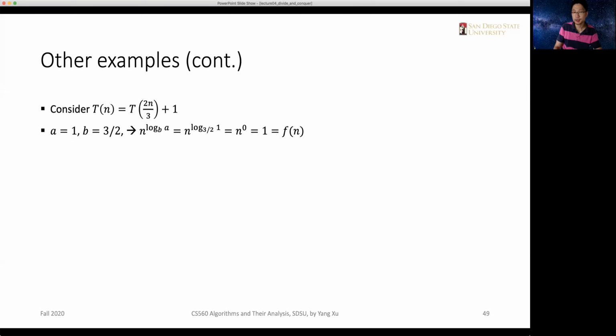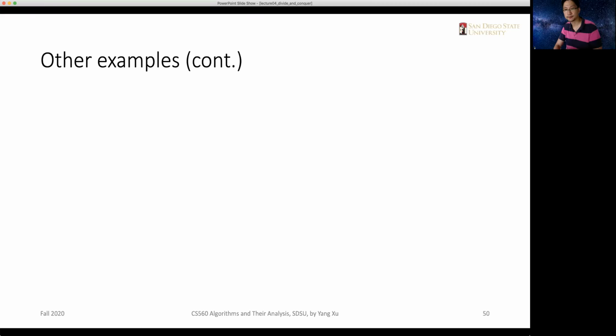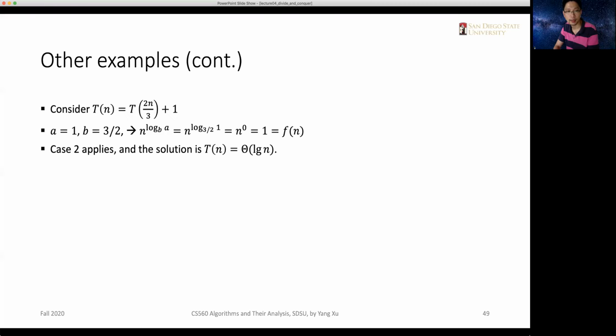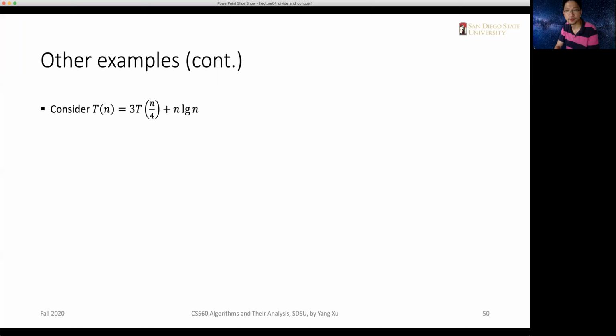So here a is 1 and b is 3/2, right? And if we take the logarithm of base b of a, it is 0, and that means the polynomial function and the f of n are actually equal functions because they are all constants. So case 2 applies, right?